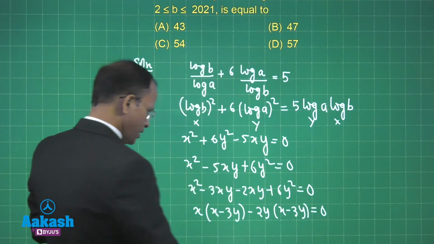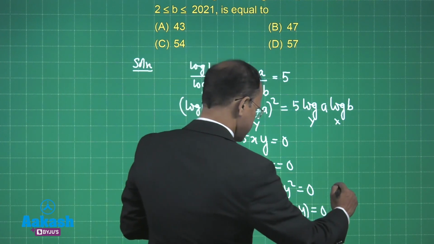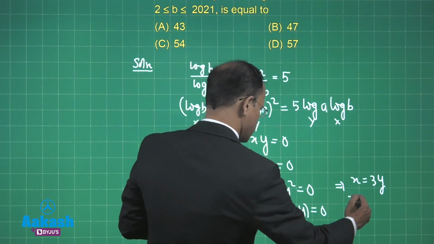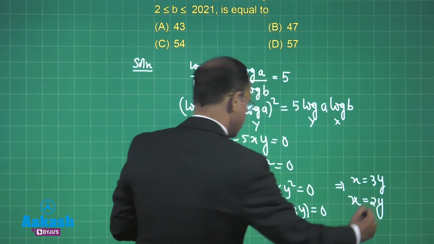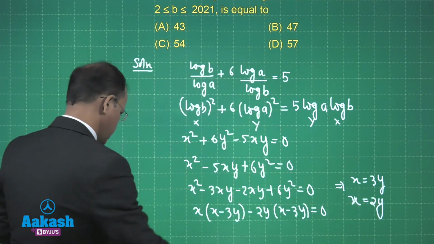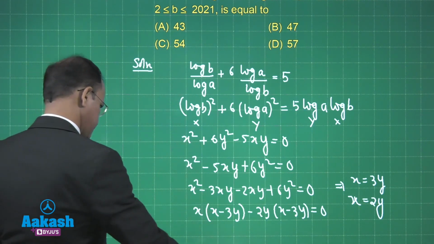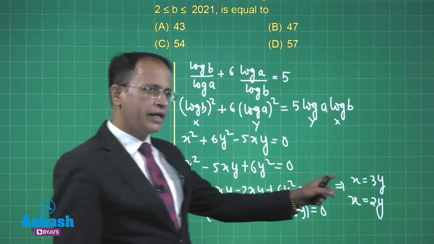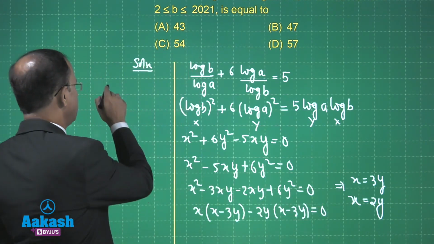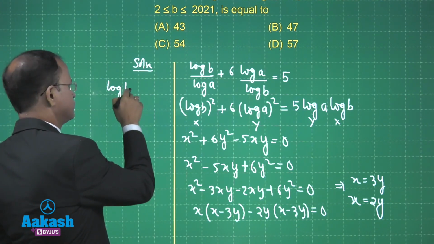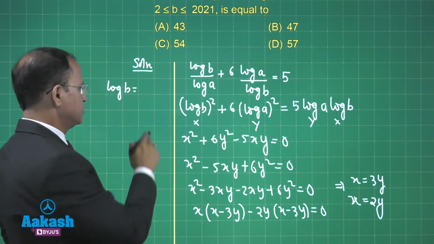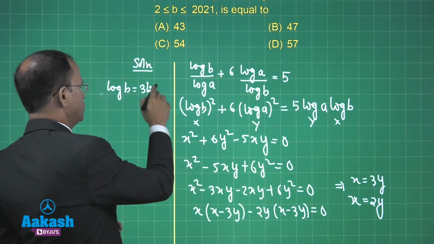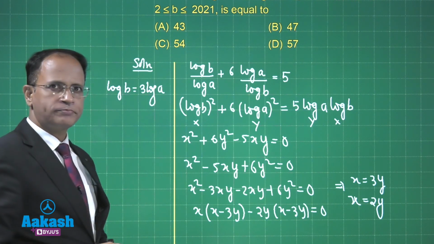Now you see, here x is coming out to be 3y. x is equal to 2y also. These are the two cases we have. So what I can do, I can just take it in this way. x we have taken as log b, 3y, so this is 3y, so this is log of a, right?